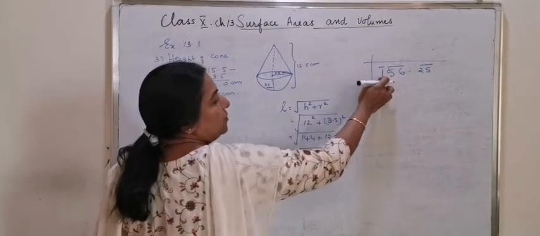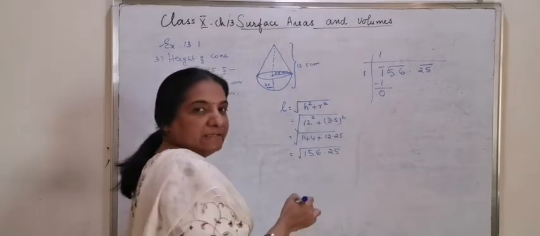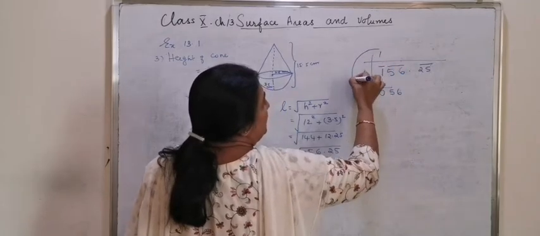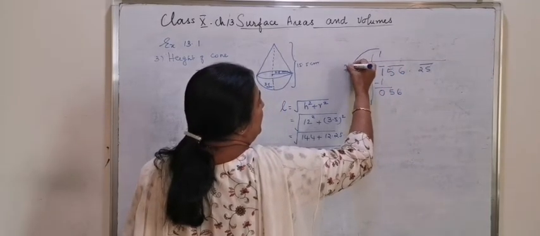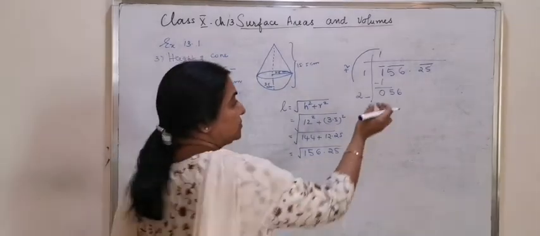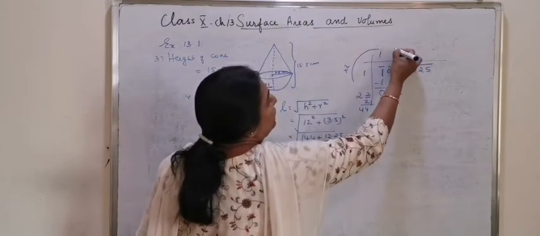The perfect square close to 1 is 1, 1s are 1, and then the two digits 56. The double of 1 is 2. A number which is close to 56 is 22 into 2, 44.